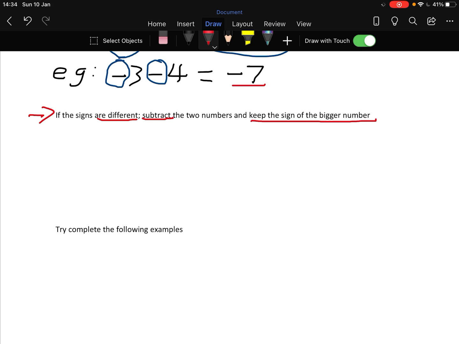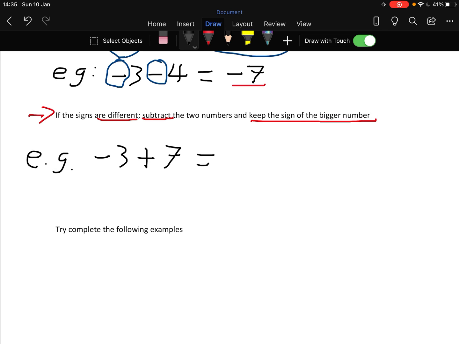All right. Now, another example that we have for this. So, example 2. For this one, I have two examples. So the first one is -3 plus 7.